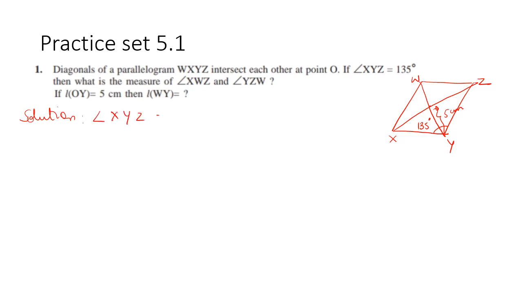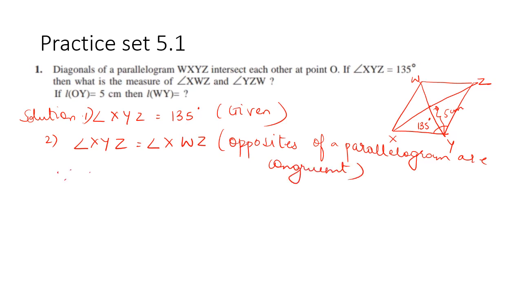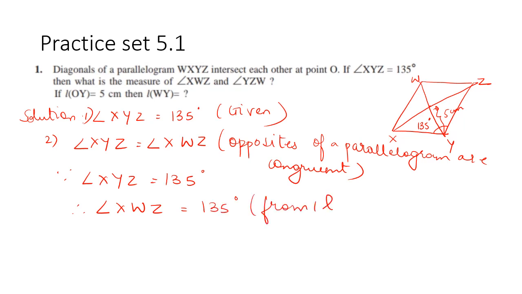Angle XYZ is equal to 135 degrees, given. Then angle XYZ is equal to angle XWZ because opposite angles of a parallelogram are congruent or equal. So since XYZ is equal to 135 degrees, therefore angle XWZ is equal to 135 degrees, from 1 and 2.